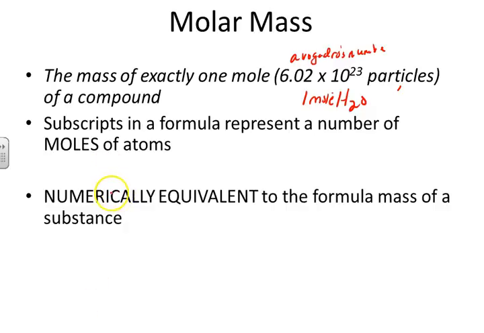Numerically, we can say that the formula mass and the molar mass are numerically equivalent to one another. The difference, just like in AMUs and moles back when we dealt with individual atoms, is just the unit that you put after it.